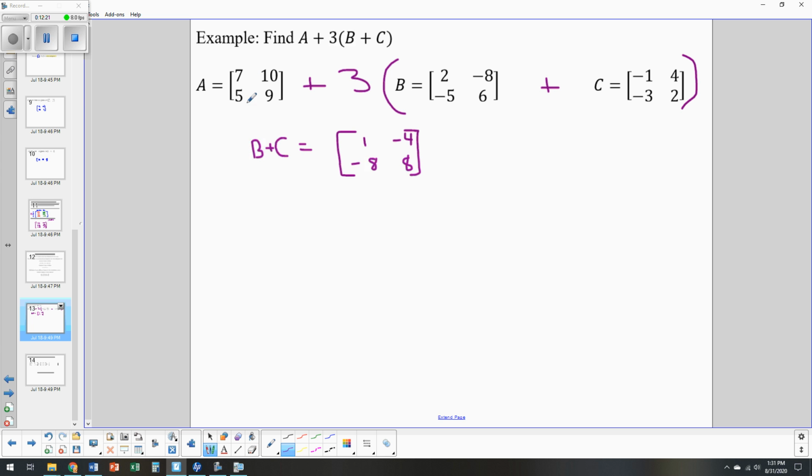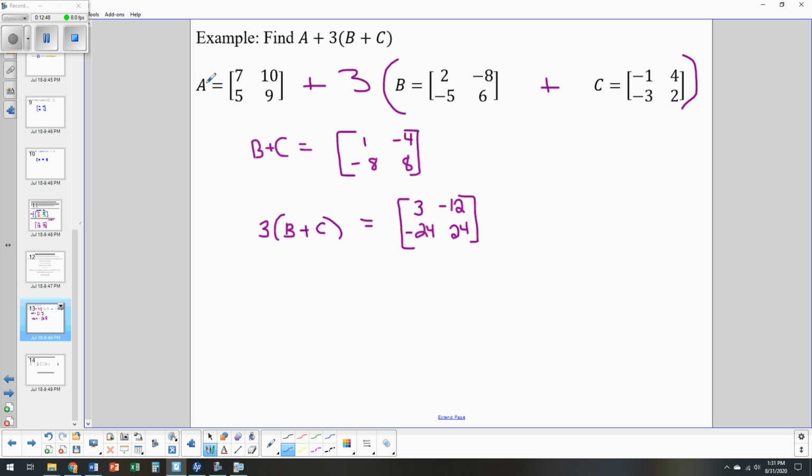So now it's A plus 3 times this. So now I'm going to do 3 times the B plus C, which means I'm going to multiply everything in here by 3. So now we have 3, negative 12, negative 24, and 24.